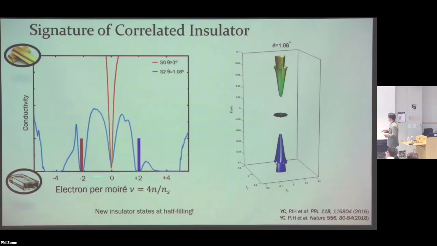This was pretty surprising when we saw it, because the system is supposed to be a metal, since your Fermi level is in the middle of a band, but you're seeing insulating behavior. So this is why we call this a correlated insulator. It's an insulator that's not supposed to happen, but it happens because of the Coulomb interactions between the electrons.